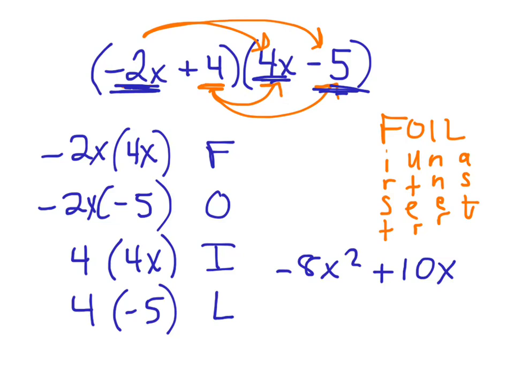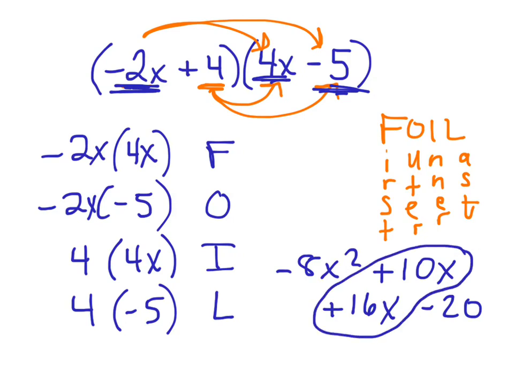Then inners, 4 times 4x is 16x. And then lasts, 4 times negative 5 is negative 20. Finally I would combine the 2 x terms in the middle. So the final answer is negative 8x squared plus 26x minus 20.